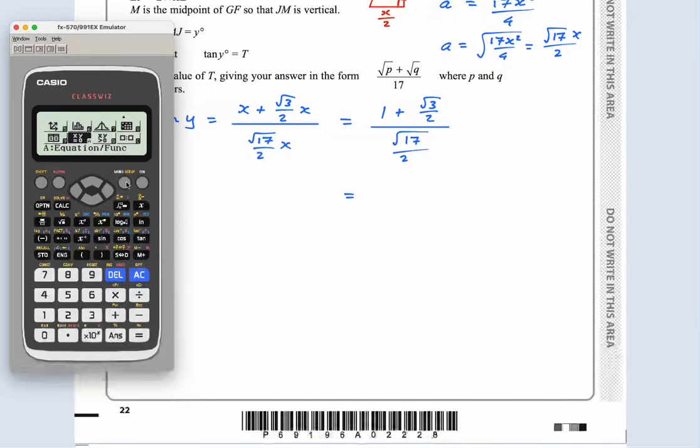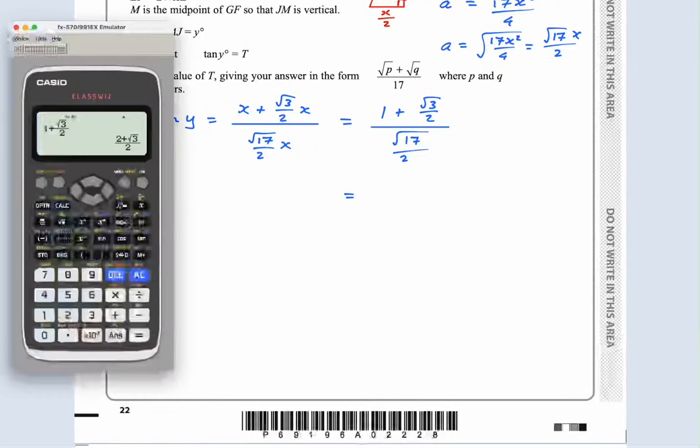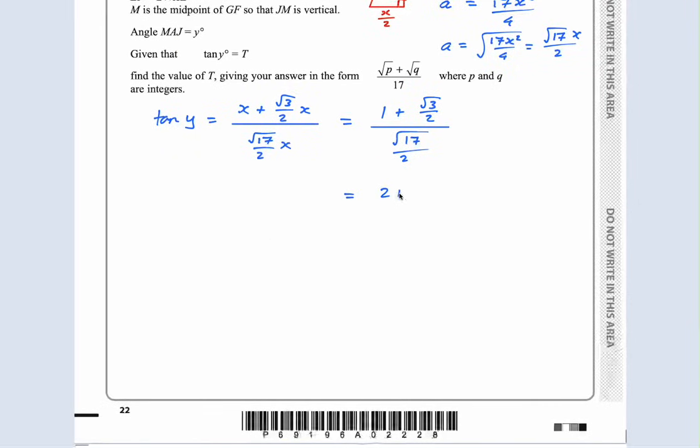It's 1 plus root 3 over 2. They actually write it, they do that for you. It's 2 plus root 3 over 2. So if you're struggling with this, you can use your calculator to help you a bit. So this is 2 plus root 3 over 2. That's just the numerator, all divided by root 17 over 2.